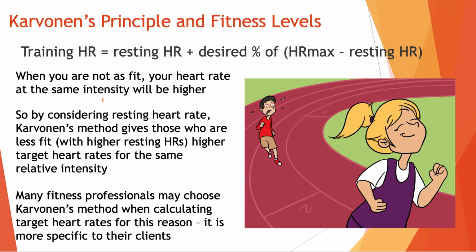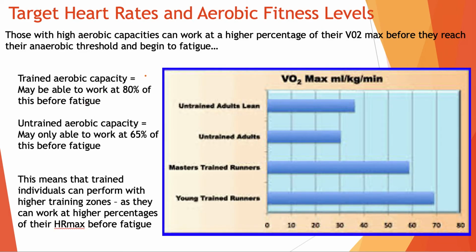Just to add on to that then, as a bit of extra really, we can think about this in terms of VO2 max. So this graph is showing us the VO2 maxes of different individuals, obviously measured in millilitres per kilogram per minute. So we've got our untrained lean adult, that means an adult who has a low percentage of body fat, untrained adults, masters trained runners.